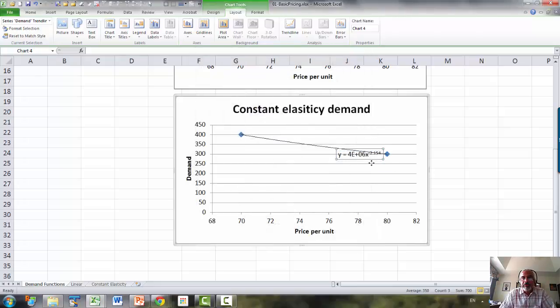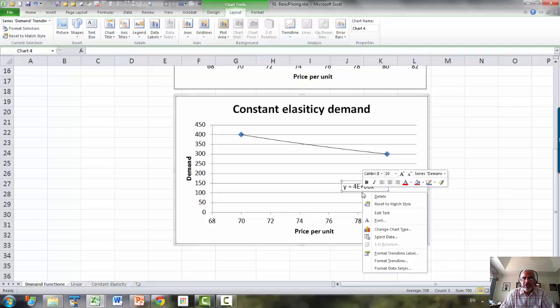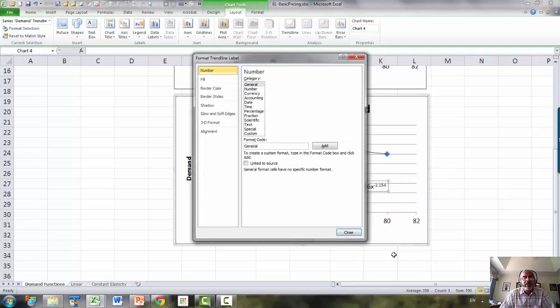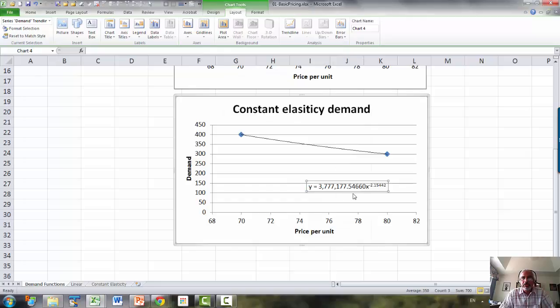Now we have the function, and we want to make sure that it is formatted properly. We don't want scientific format, and we do want more than just 3 decimal places. So right click, trendline labels, select number and put 5. Now we have A and B with 5 decimal places.